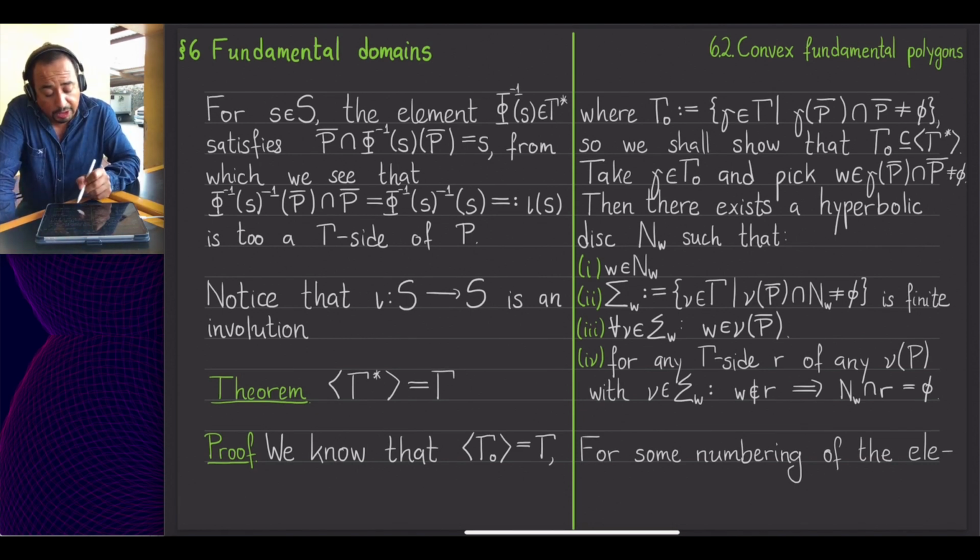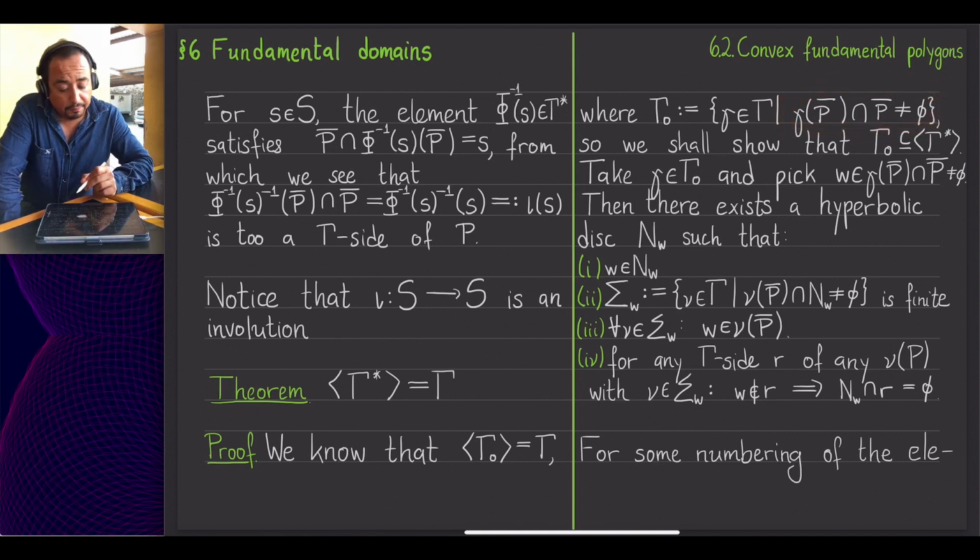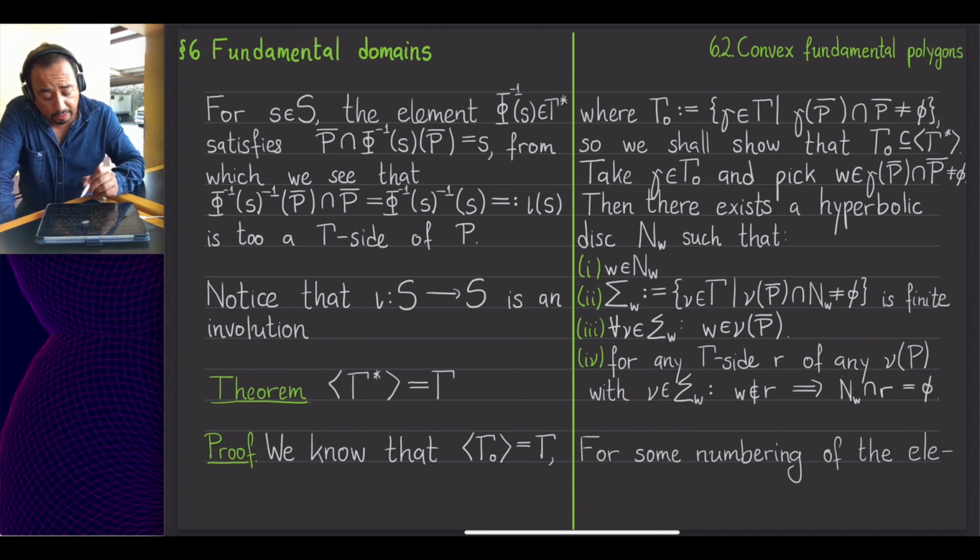What we know is that gamma naught generates gamma, where gamma naught is, as I said, the set of elements of gamma that do not take P bar too far away, which formally is that gamma of P bar intersect P bar is not empty. So in order to show that gamma star generates gamma, it suffices to show that gamma naught is contained in the subgroup generated by gamma star, because we already know that gamma naught generates gamma.